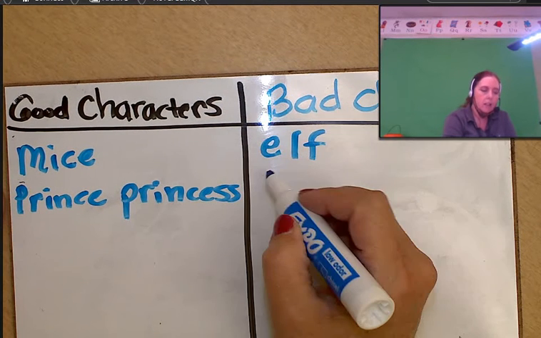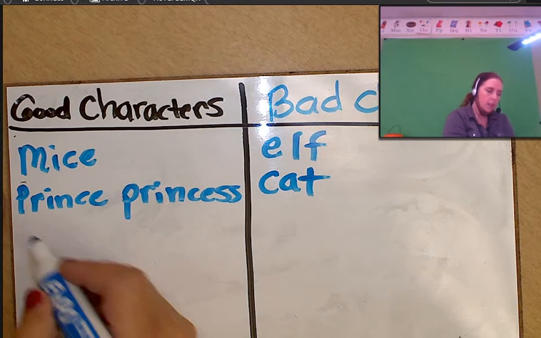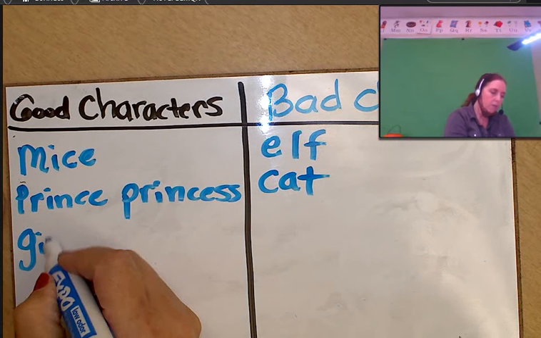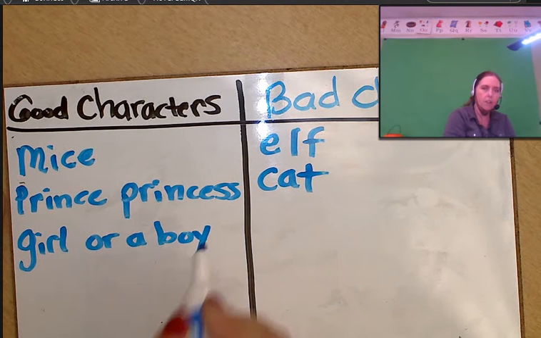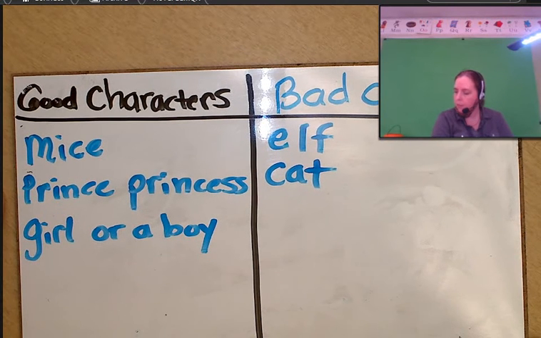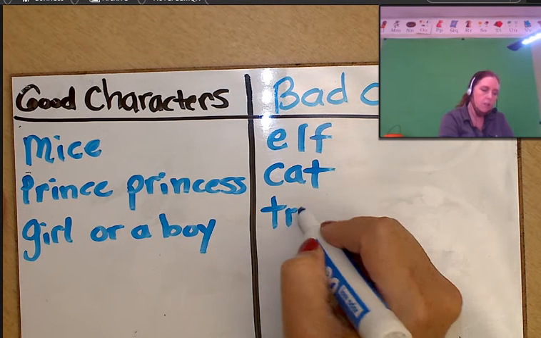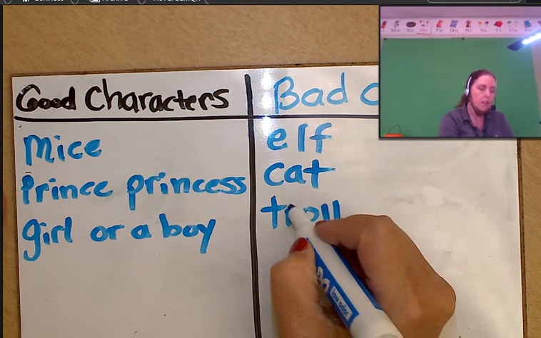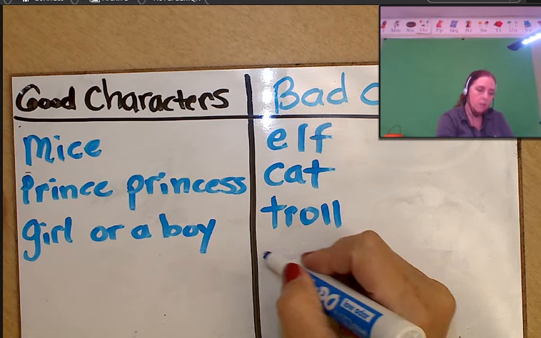A cat could be very naughty. I might have a girl or a boy. They can be good characters. What about a troll? I'm going to put him over here because usually trolls are not very nice in stories, but you could have a good troll. There's also sometimes an evil king.